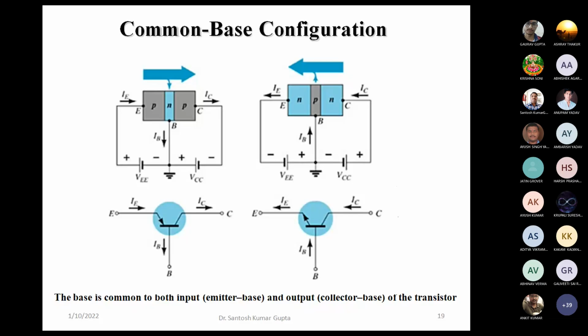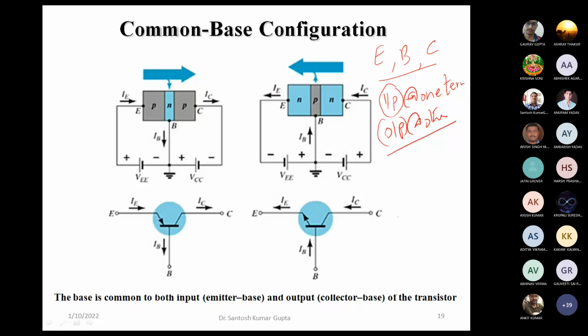The transistor has three terminals: the emitter, base, and collector. We can give input at one terminal and take output at another terminal.